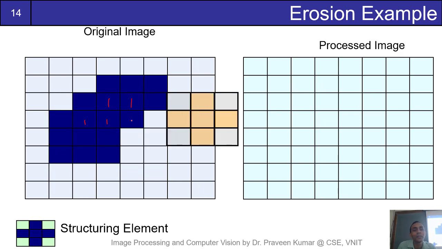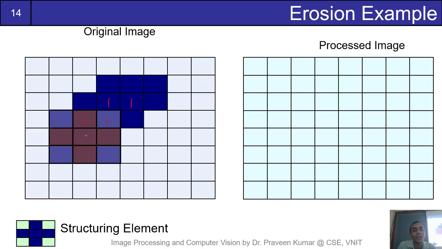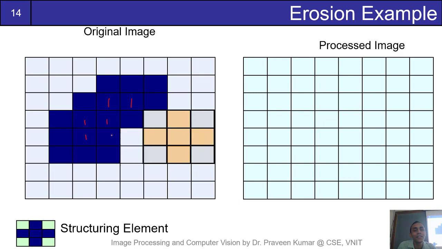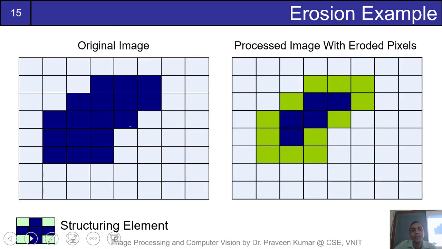This will not be 1. This will be 1. And all the rest will be 0. So that means in the output image you will have this location as 1 and all of them will be 0.